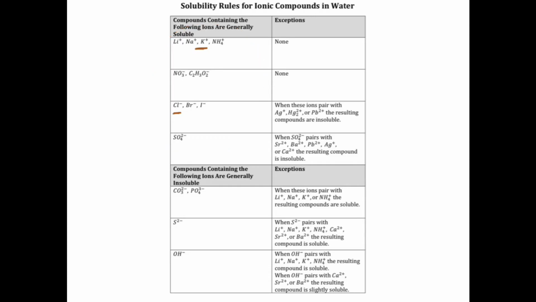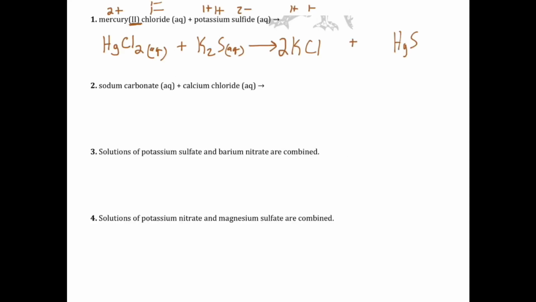And notice that compounds that contain the following ions are generally soluble. And what that means is that they are aqueous. If something is soluble, that means that it will be aqueous when it's put in water. And so this particular compound here is aqueous. That means it will dissolve in water.